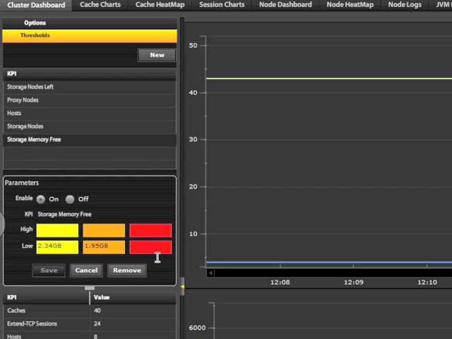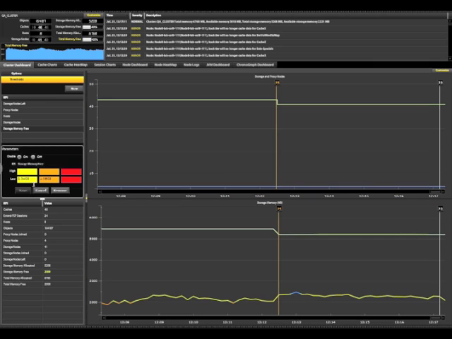So that means if any of the KPIs fall below or above these watermarks, then there would be a threshold violation. Okay, that would actually trigger notifications via SNMP or SMTP or through the custom event handler. Visually, this is how we display this information over time.